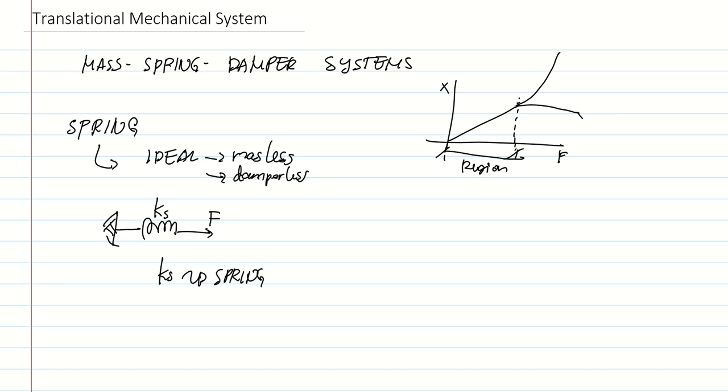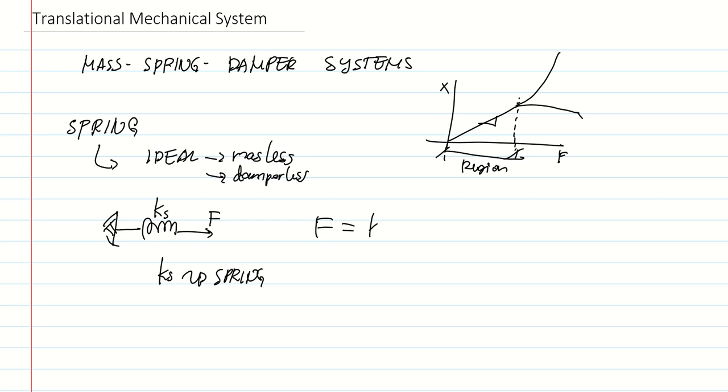This is the proportional constant between F and x. Or if you look at the graph, this is the slope of this line. So F is proportional to x.